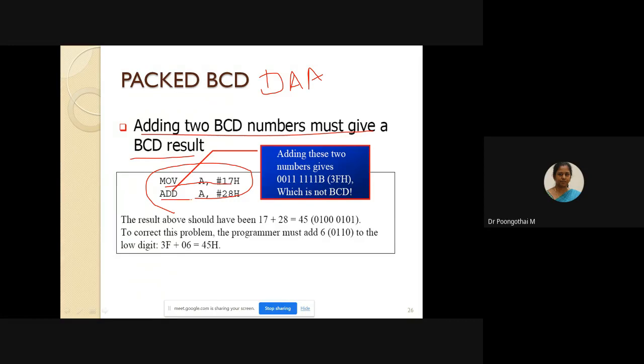So look at this problem: MOV A, #17; ADD A, #28. Please add these two numbers and tell me the answer. According to our consideration, these are decimal numbers, 17 and 28. So our program has to perform BCD addition, but your microcontroller will accept only hexadecimal numbers and will produce only a hexadecimal result. So the user's responsibility is to convert that hexadecimal number into a BCD number by using the DAA instruction.